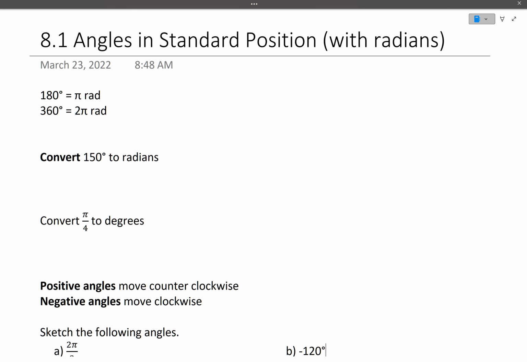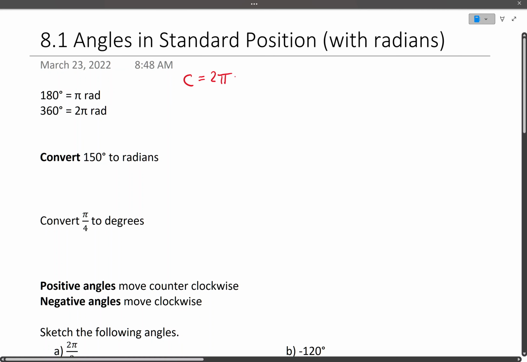So hopefully you've seen my last couple videos about the unit circle and radians in general, because those two videos are going to help you understand the rest of trigonometry in this course. From that video, we understand that circumference equals 2 pi r, and on the unit circle, r equals 1.